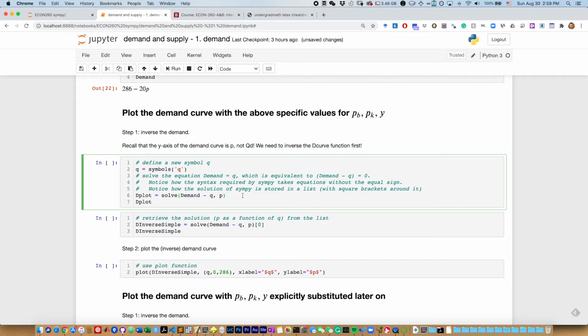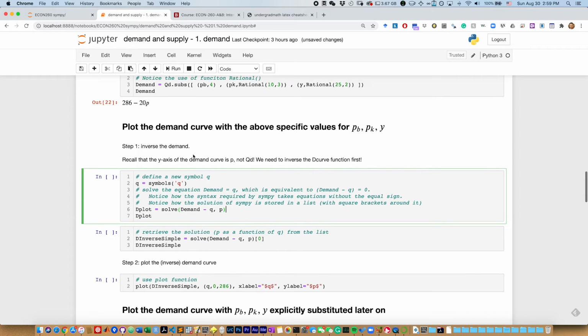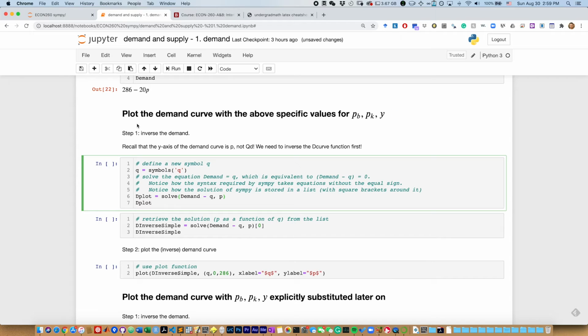And now I'm going to try to inverse this particular expression. So how do I inverse this expression? Well, the expression is essentially demand is equal to Q, right? It is Q is equal to 286 minus 20p. So how do we solve this equation? Well, notice that this equation is equivalent to demand minus Q is equal to 0.